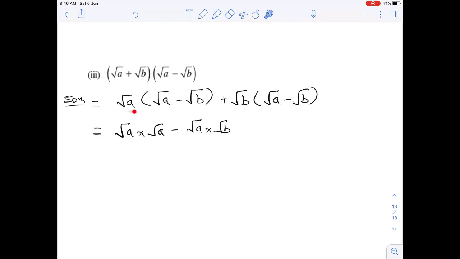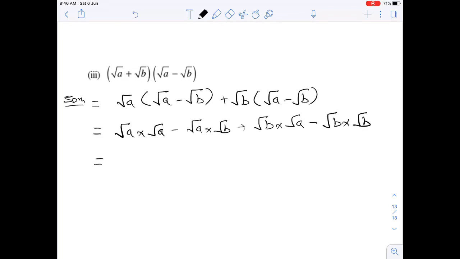Now this work is over. Now we have to multiply this root b with this bracket. Root b will multiply to root a, so plus root b into root a. Then root b with minus root b: first we multiply the sign, plus into minus, minus root b into root b.